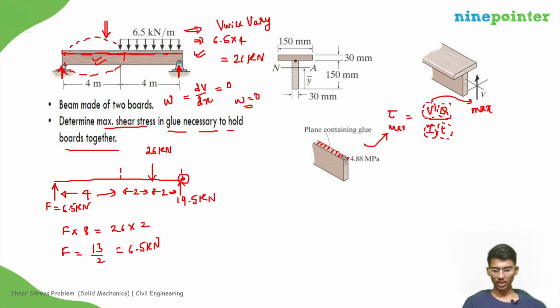So if we draw the shear force diagram, see initially it is 6.5. So if we cut over here, the shear force over here will be 6.5. That is positive. Up to this 4, right?